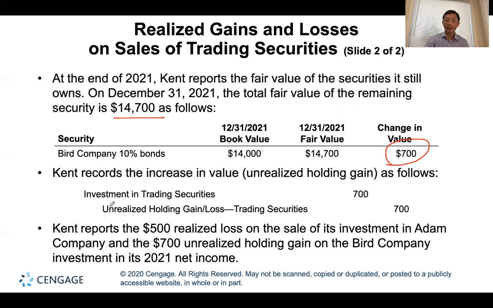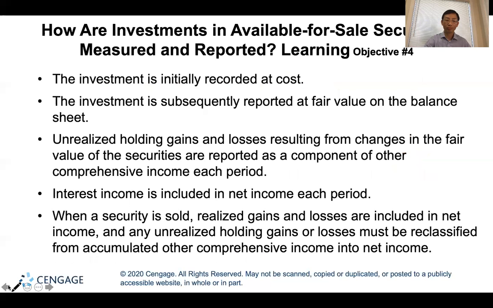Because it still holds this security, on December 31st of 2021, you still report the balance of the asset. And then Kane reports the 500 realized loss on the sale of its investment in Adam company, and 700 unrealized holding gains on the Bolt company investment in its 2021 net income.